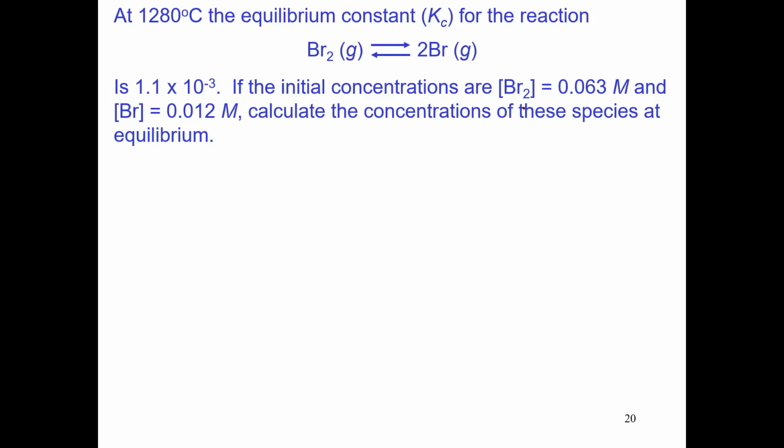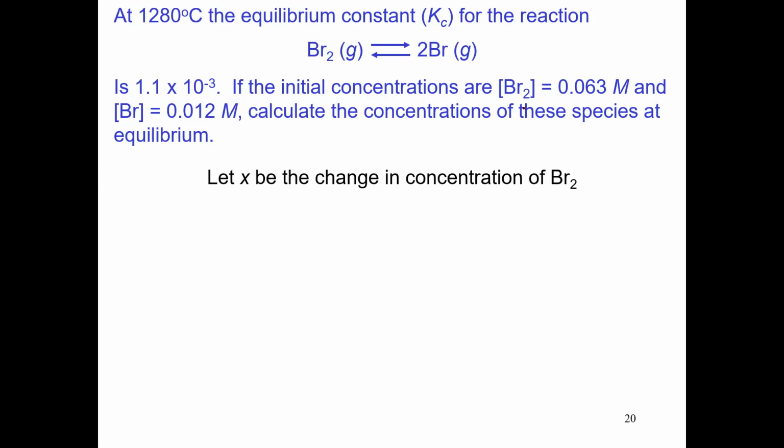If the initial concentration is 0.63 for bromine and the bromide is 0.12, the regular, as the ionized one, calculate the concentrations of these three species at equilibrium.